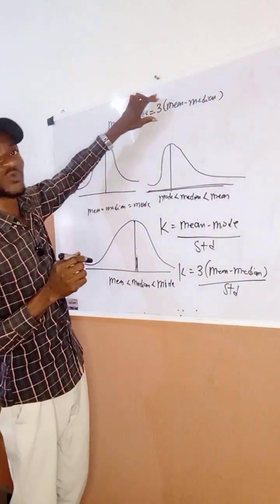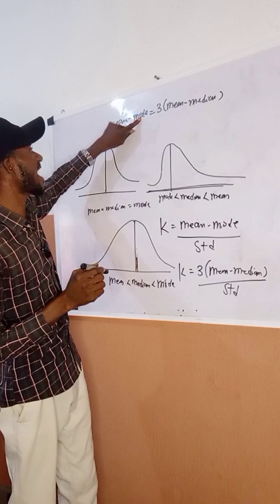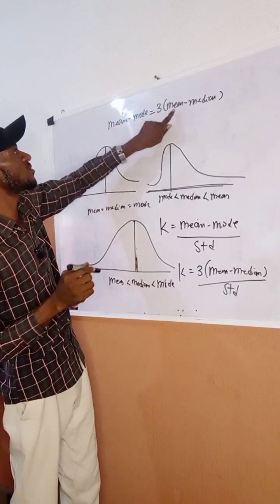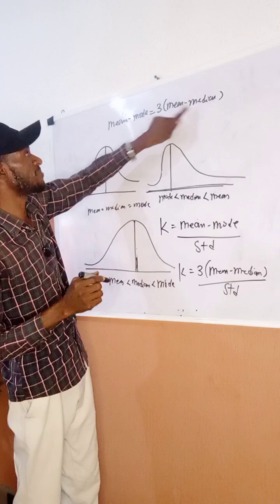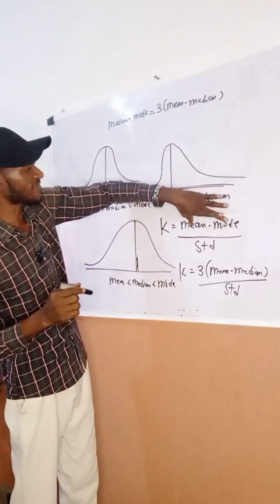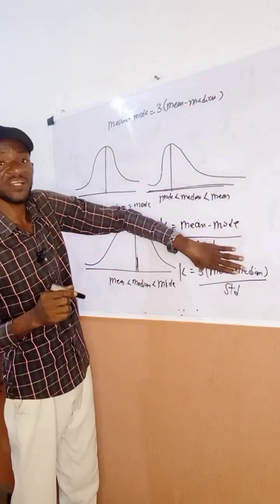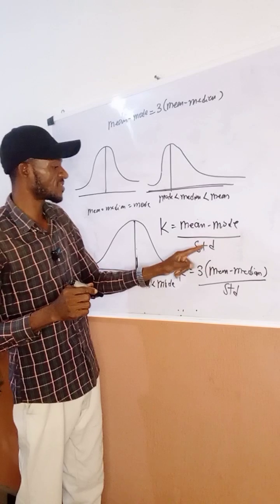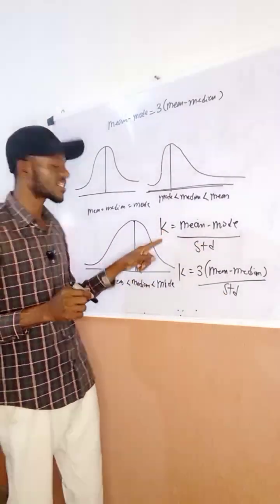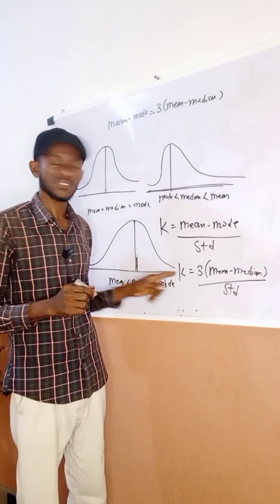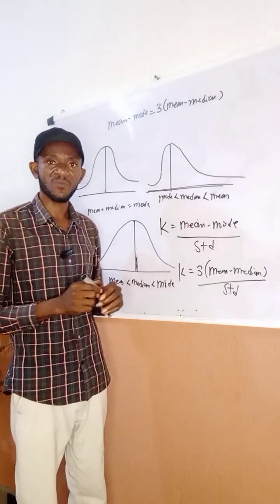So if this is true, what I have at the numerator here and what I have at the numerator here are the same, and of course, denominator and denominator are the same. So when we want to compute the coefficient of skewness, we can use any of these formulas.